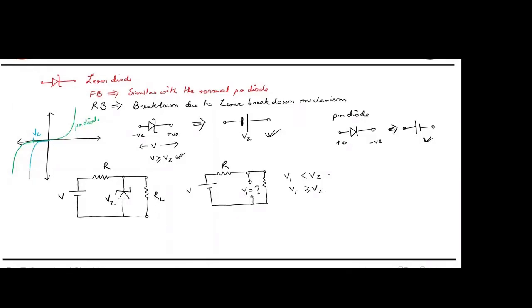If V1 is less than Vz, then you make it an open circuit. And if V1 is greater than or equal to Vz, you just replace it with a Vz source like this. Can you understand this?